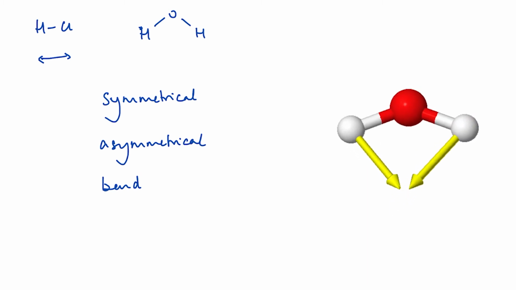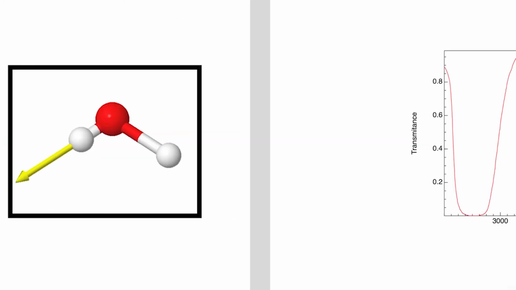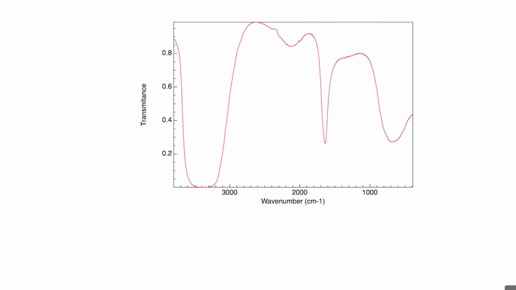These are three different types of vibration. So on an infrared spectrum for water, we'd expect to see three different peaks, and we do, sort of. So this is the peak for the bending, for that vibration, and that happens at around 1595 centimeters to the -1.